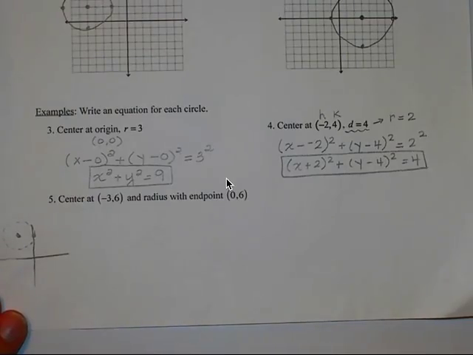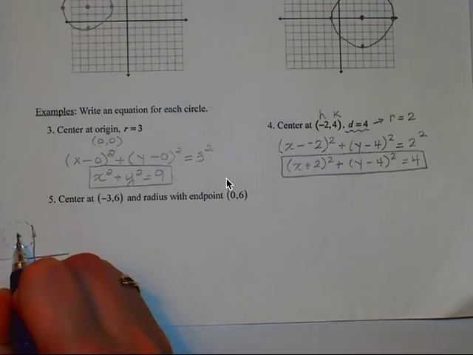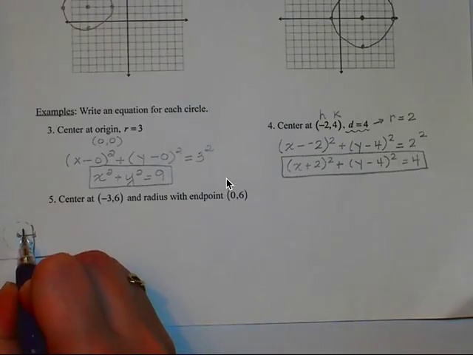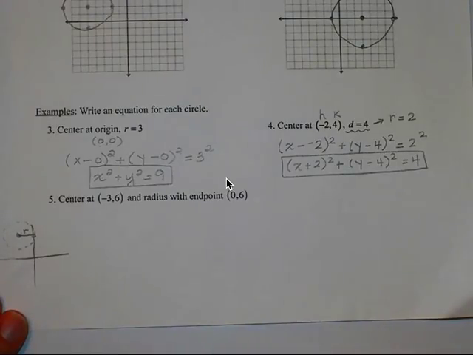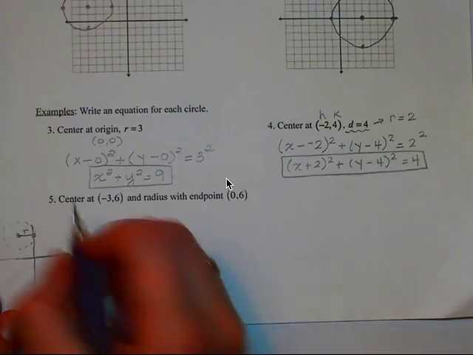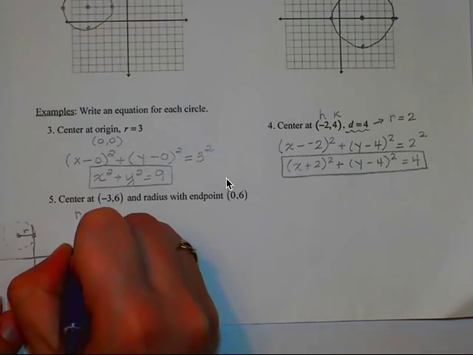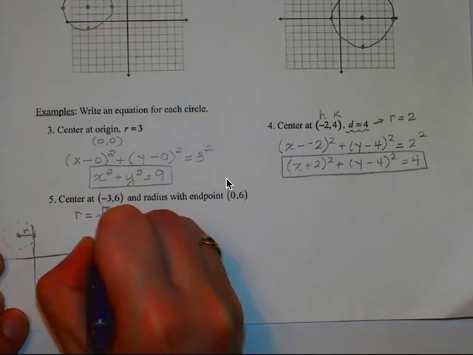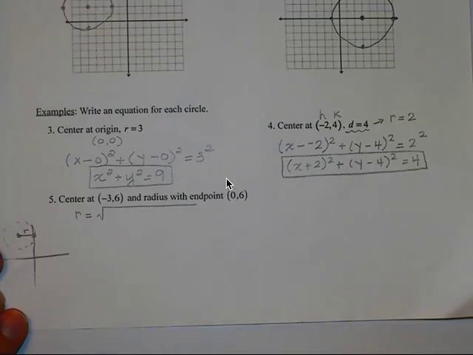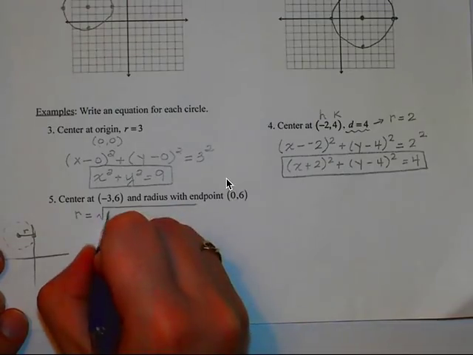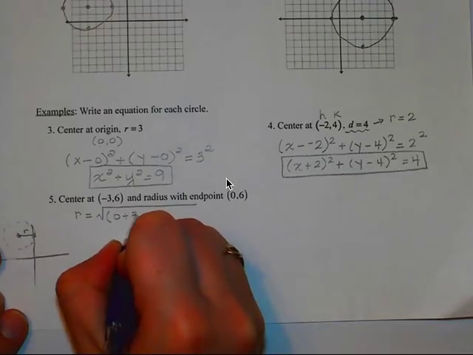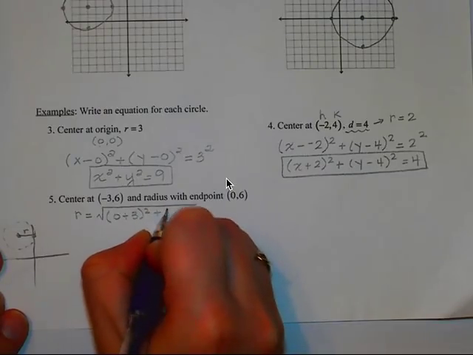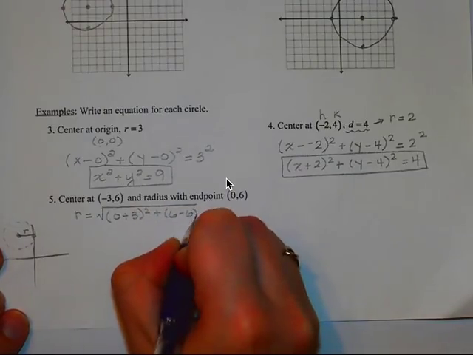Remember, we need to know the center and the length of the radius in order to write the equation. So if I use the center point given and one endpoint of the radius, I can find its length. I'm going to start by using the distance formula to figure out the length of the radius. If I plug these two points in, we get 0 plus 3 squared and 6 minus 6 squared.